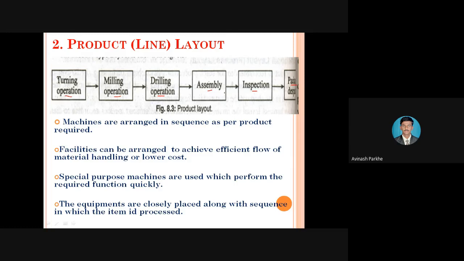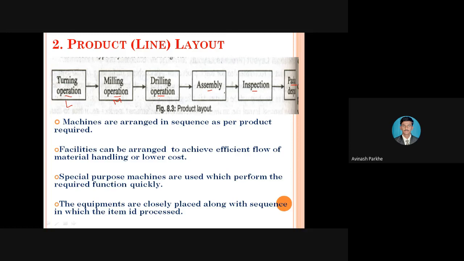So through this block diagram we can easily understand that the sequence of machines and operations is fixed. Turning will be performed by the lathe machine, milling by the milling machine only, and drilling by the drilling machine. Then I will do the assembly, then the inspection, and at the end dispatch will take place. Like that, many lines are available, and all the lines produce a similar type of product because I have to go for mass production.